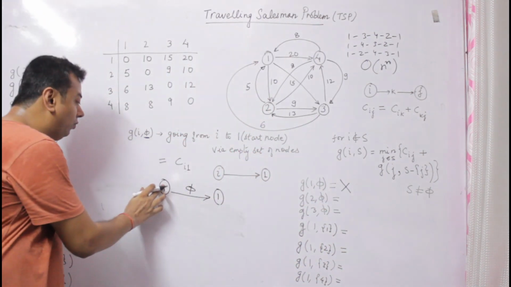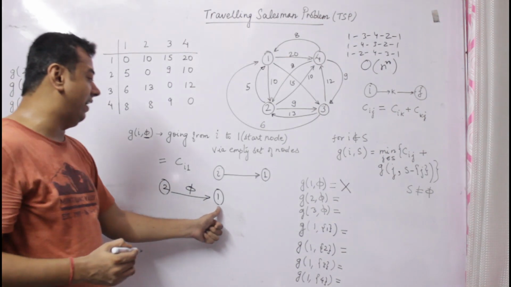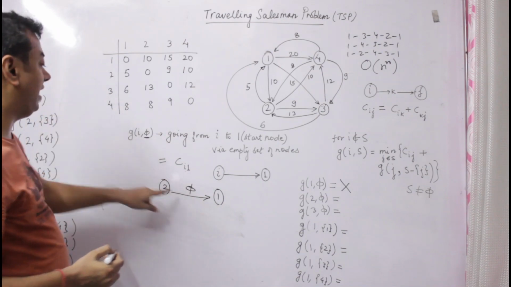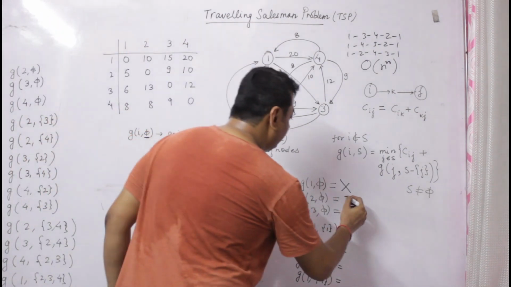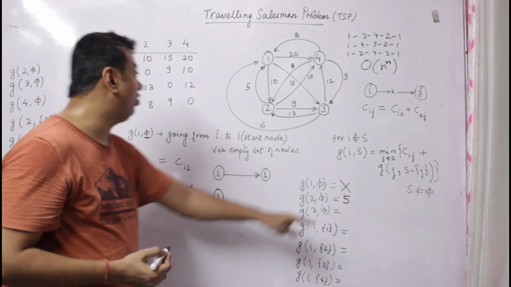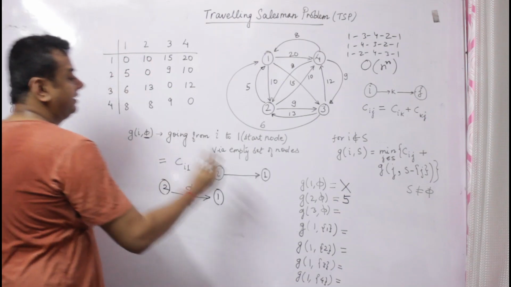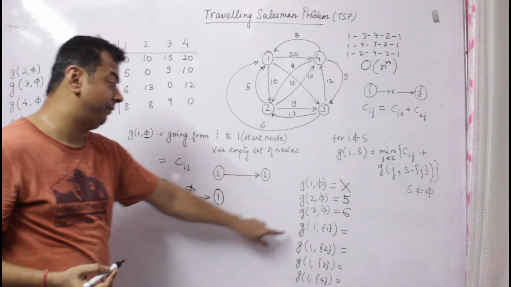Now if you are at 2, and you have to go to 1 without any intermediate node, 2 to 1 is 5. So this is 5. Similarly, G of 3 comma phi is 6. Now what is this?